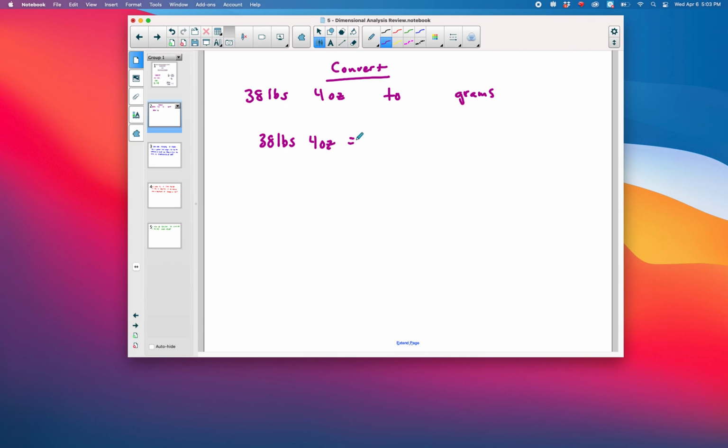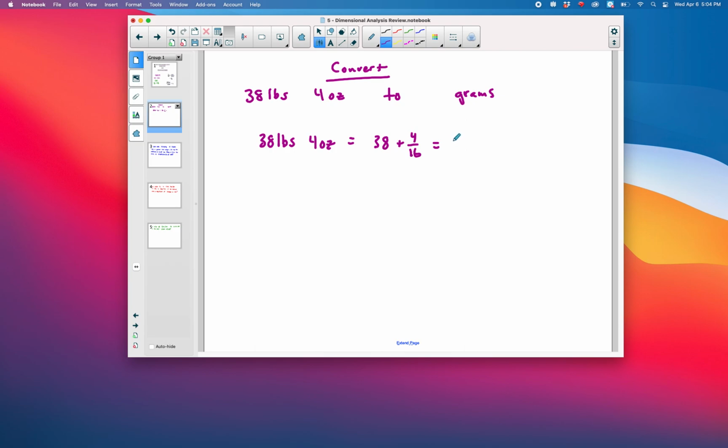So 38 pounds 4 ounces is equal to 38. Now, since there are 16 ounces in a pound, we're going to write this as plus 4 over 16, because if you had 38 pounds 16 ounces, that would be 39 pounds, because this would be a whole pound here. But it's not, it's 4 out of 16, so we're going to write that as a decimal, which should be 0.25.